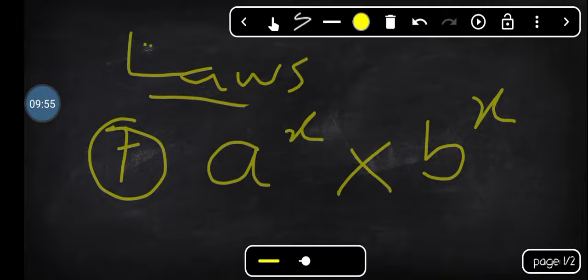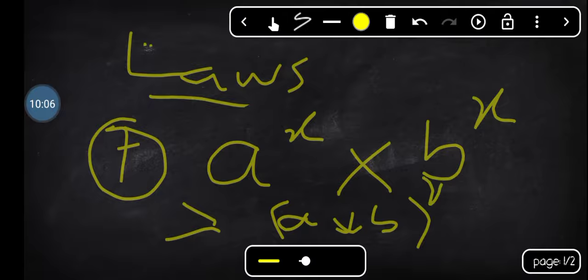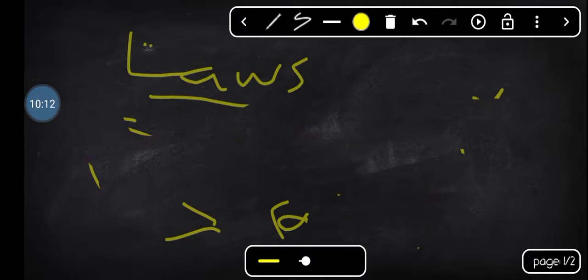Because the powers are the same and the bases are different, your answer will be a times b raised to power x. Let me write it well, because some people will be confused here.